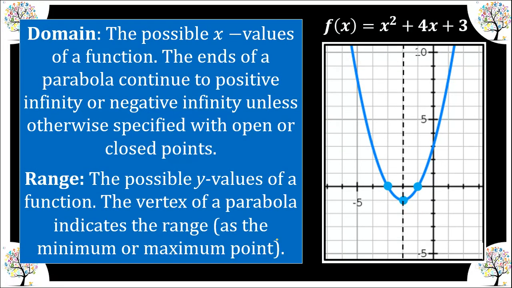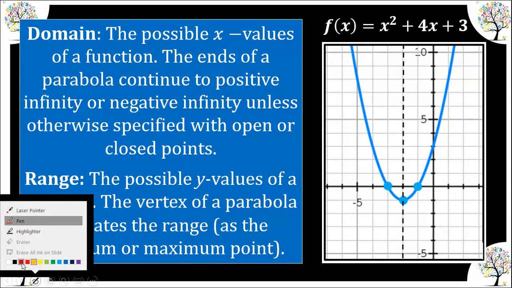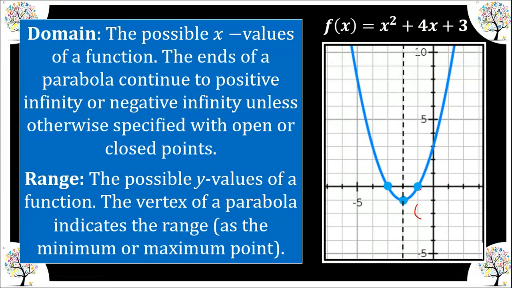So this ordered pair, our vertex, is (-2, -1). So the range for this is going to be, the least y value is going to be the y value of your vertex. So make that connection. Your vertex tells you several things. The x value of your vertex tells you your AOS.